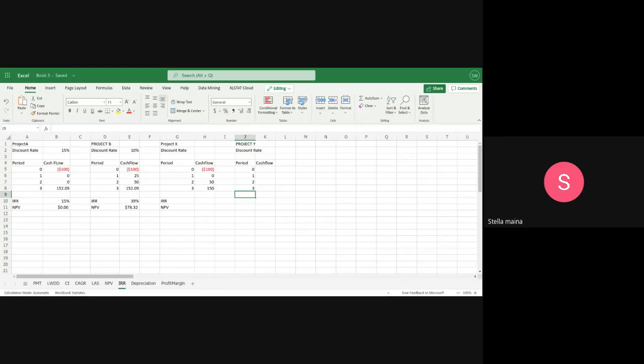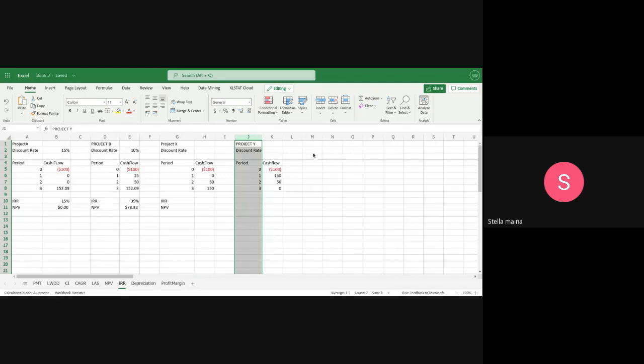The cash flow for this project is, of course, the initial investment of $100 as well. When you're comparing several projects, you really want to compare. If I input the same amount in this project and the same amount in this project, now that is a comparison. You won't assume that you're putting in different initial investments in each project. That's why we're using the same initial investment. So let us have now another project Z.